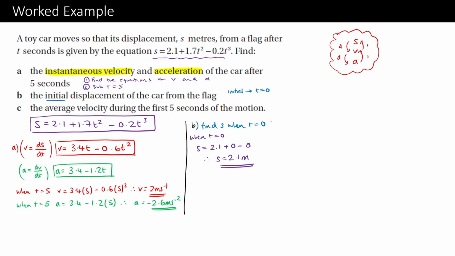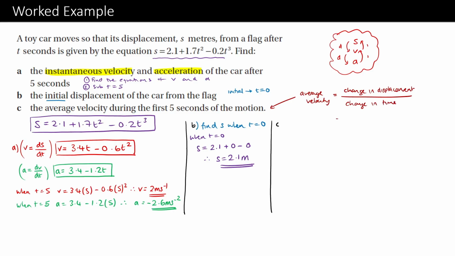So for this, with regards to C, as mentioned before, the average velocity is equal to the change in displacement, which is s, over the change in time.